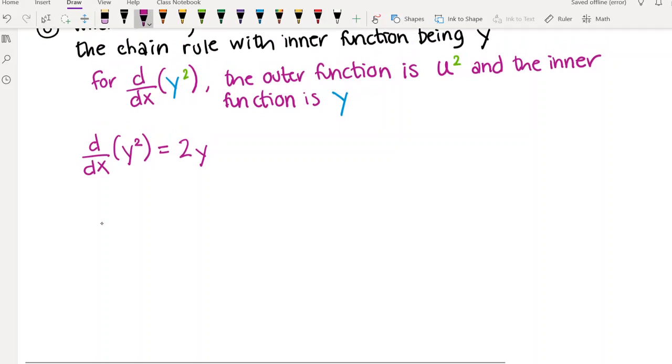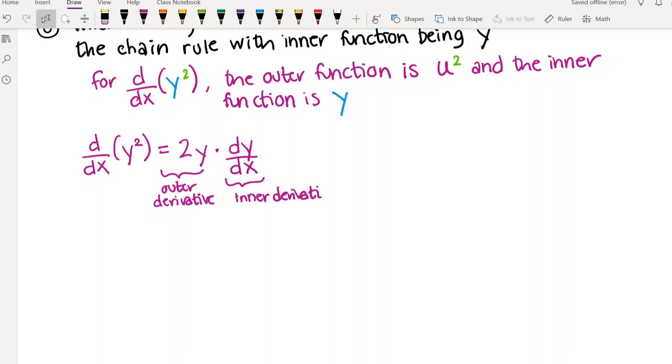So we're leaving the y where it is. Then we're supposed to multiply by the derivative of y. And we don't really have much information about y, right? It's not like sine of x where you know what the derivative is. So what we do instead is we literally just write dy/dx. So this is our outer derivative, and this is our inner derivative.